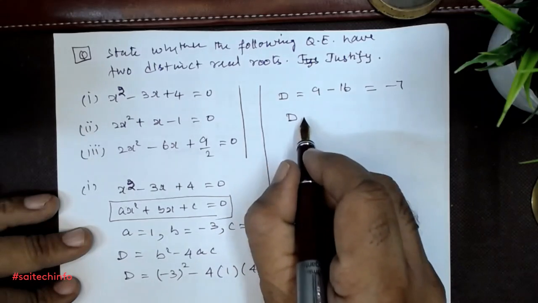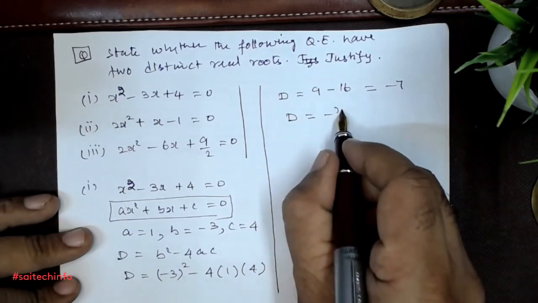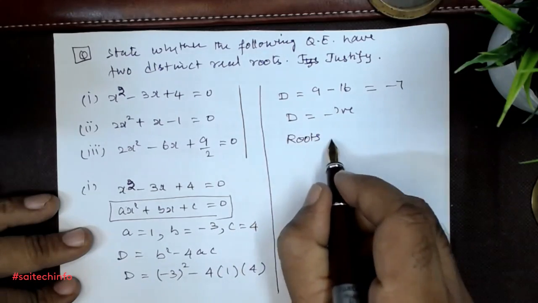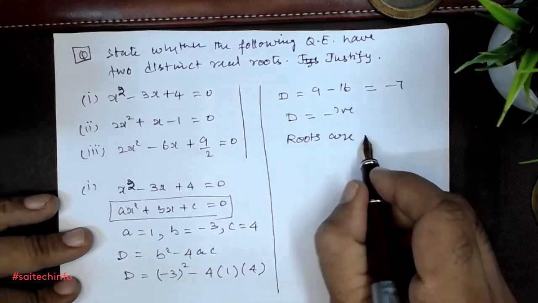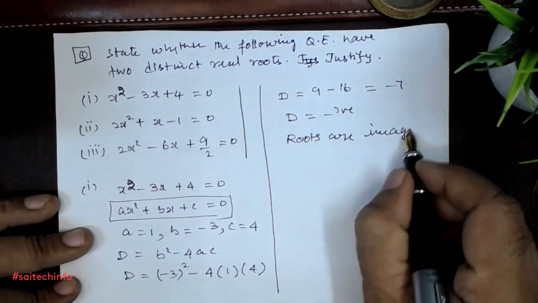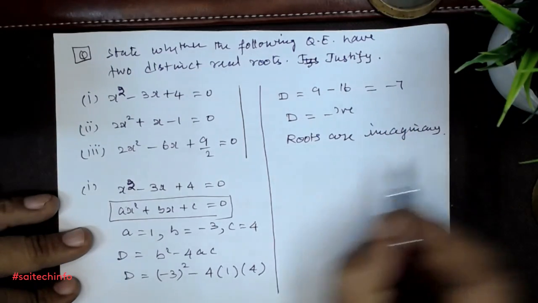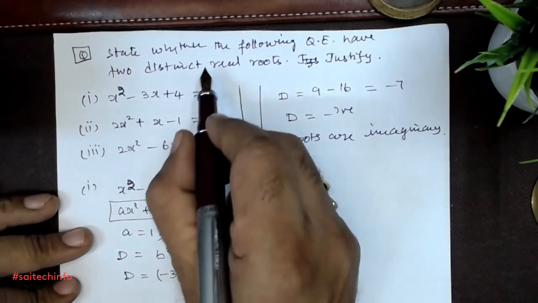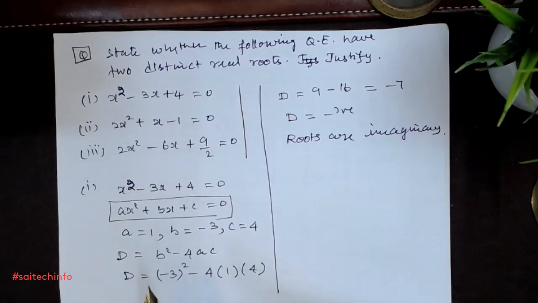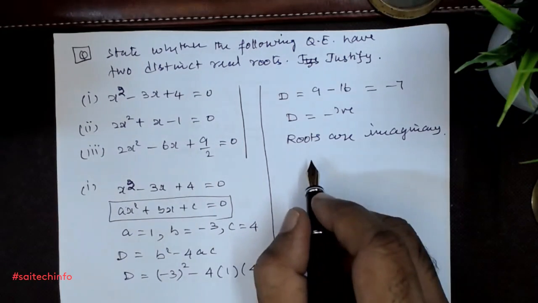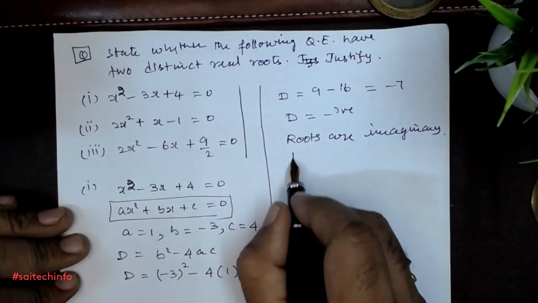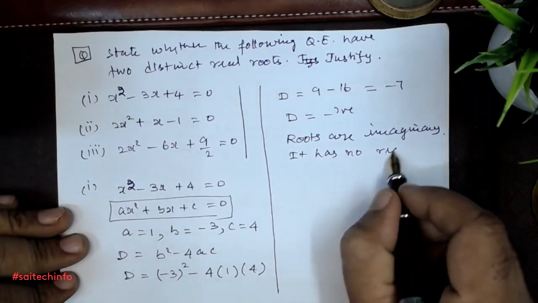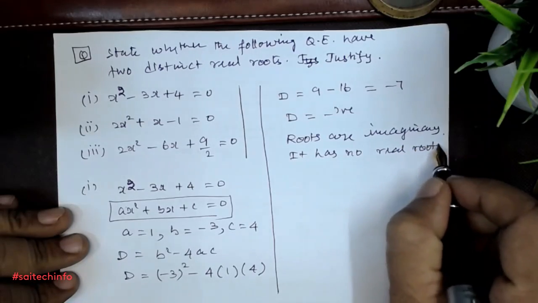Since d is negative, the roots are imaginary. Are you able to follow? They are not distinct real roots, so it has no real roots.